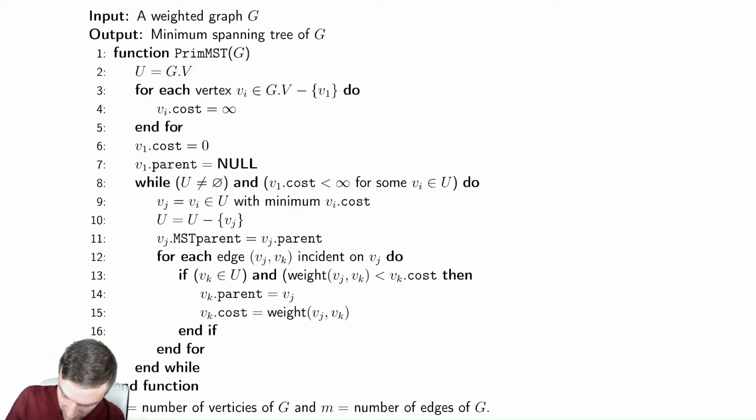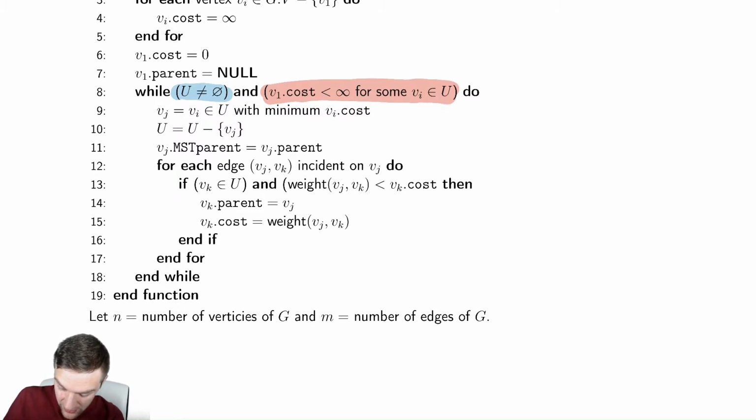While U is not empty, and there are nodes to find, so something that does not have infinite cost, we're going to find the minimum node. So we first find the minimum cost node in U, and then we remove it from U and add it to the tree.